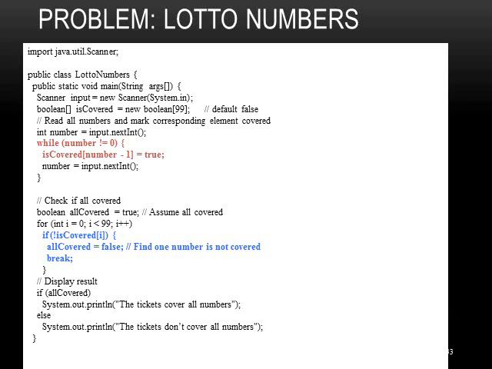And in order to cover the lottery numbers from 1 to 99, the number entered can't be used directly because the maximum index value is 98. That is, the index values 0 through 98 provide enough storage for 99 values. Consequently, this is why 1 is subtracted from the number before we use it as an index.